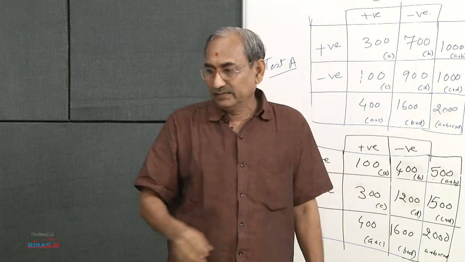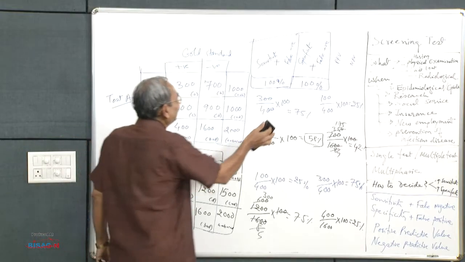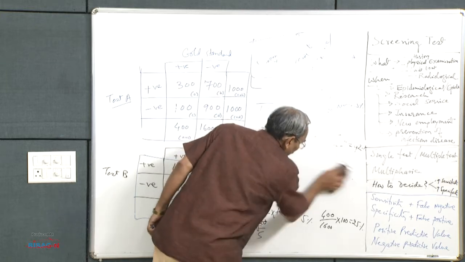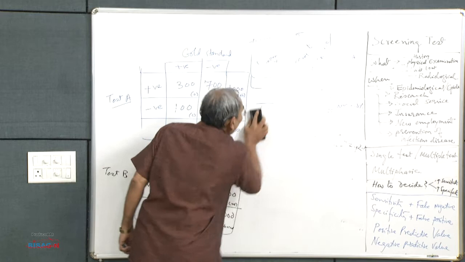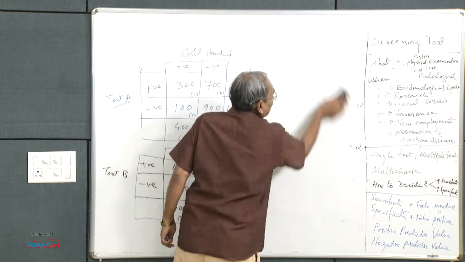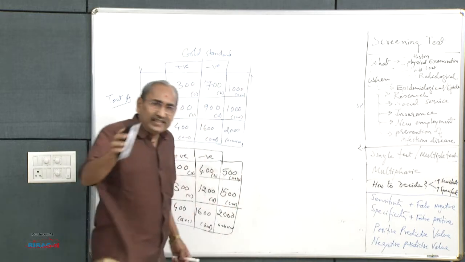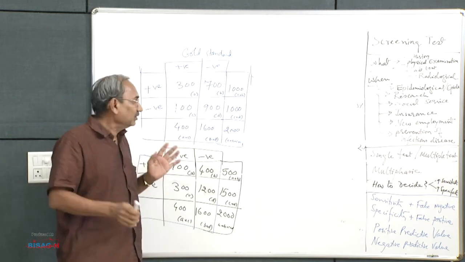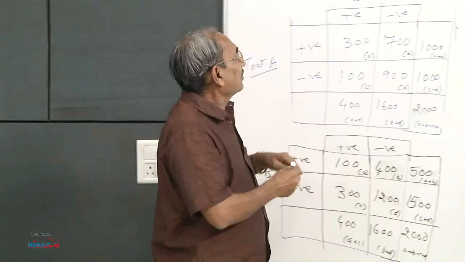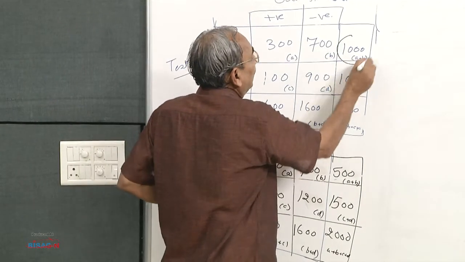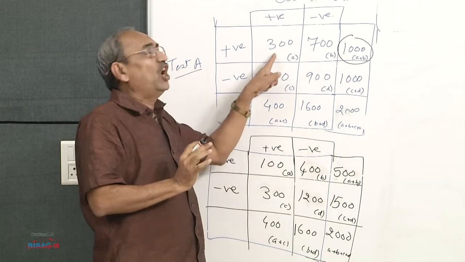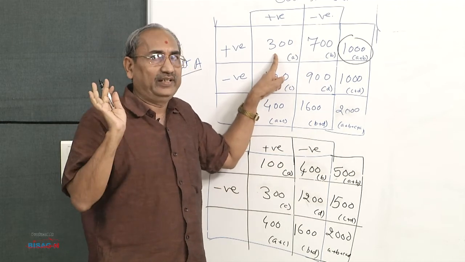Let us go for that. Both are very simple. Let us see how it can be calculated. In this test, total 1000 are positive, very clear. Out of that, actually how many were positive? 300.